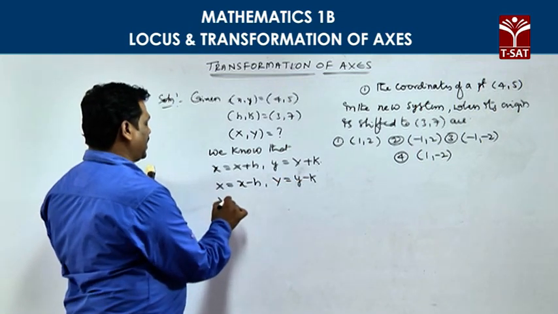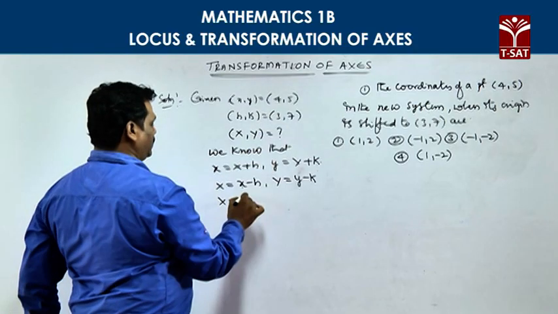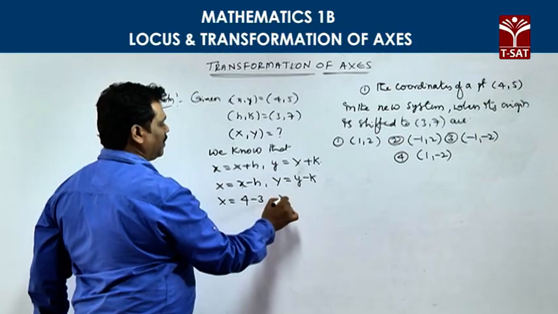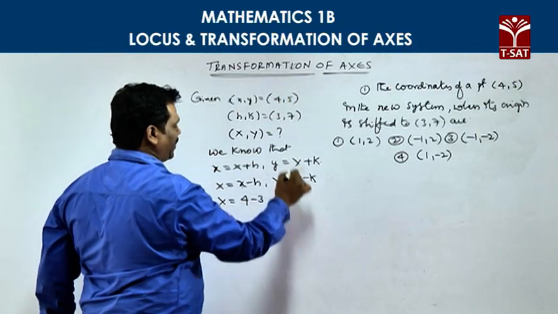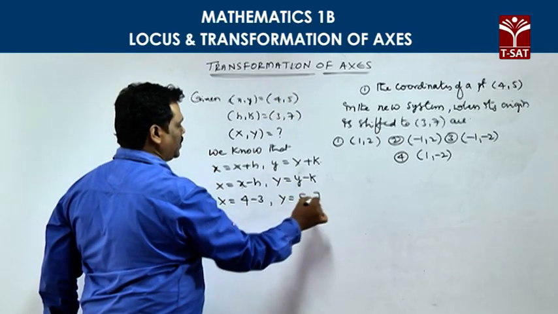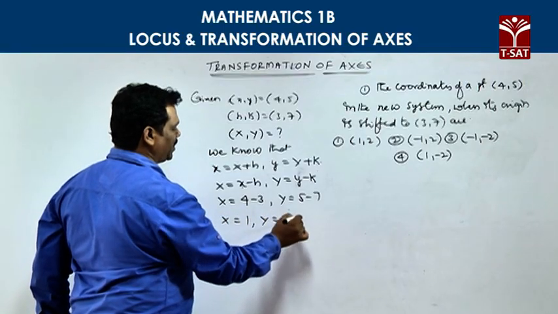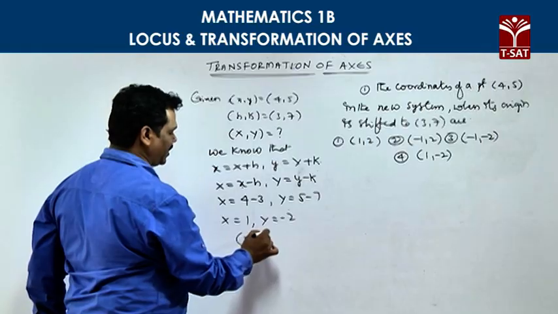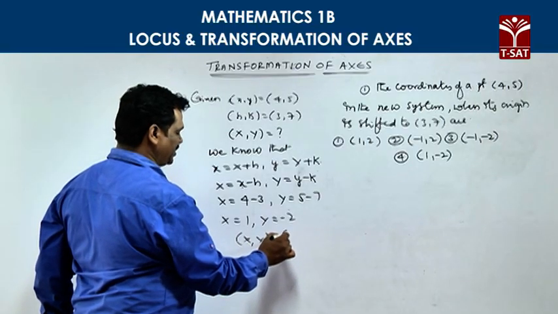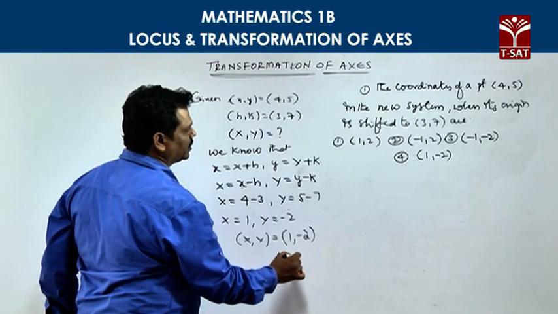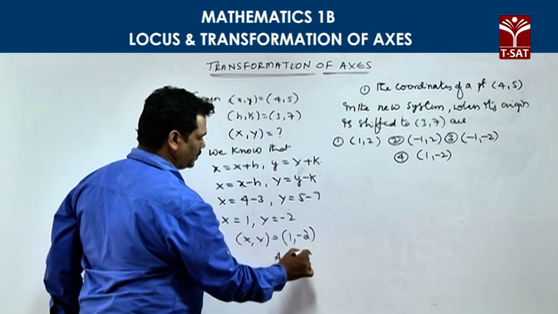So X = 4 - 3 = 1, Y = 5 - 7 = -2. So (X, Y) in the new system is (1, -2). So the option is the fourth one, (1, -2).